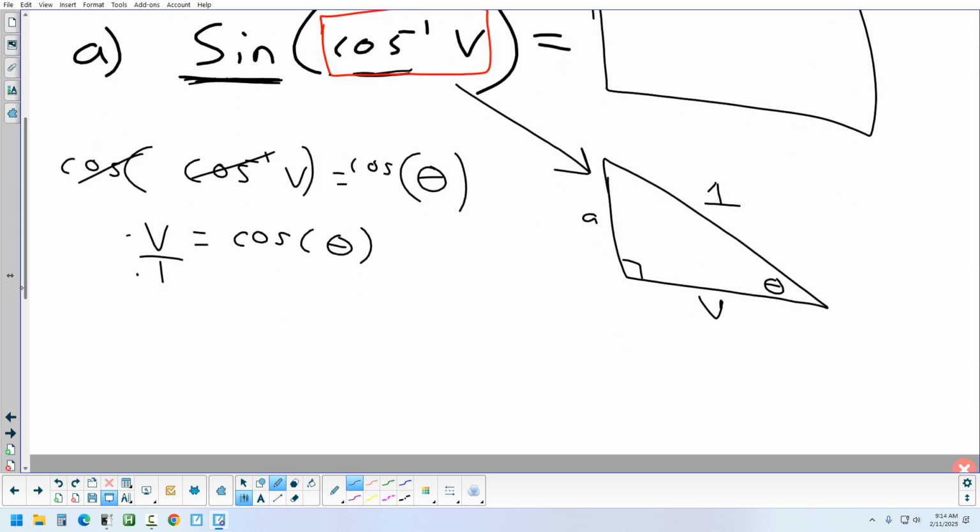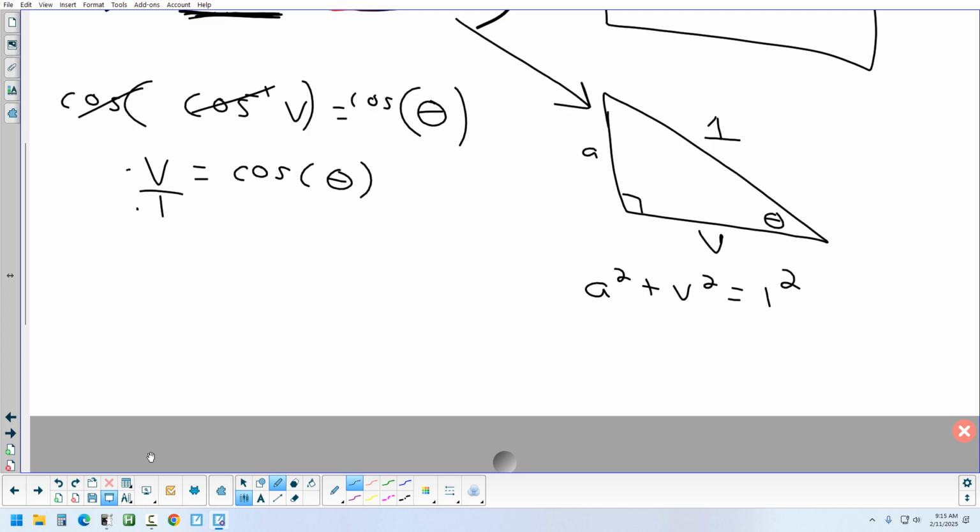Can anybody set up my Pythagorean theorem for me with those 3 labels? A squared plus b squared equals 1 squared. Okay, so a squared plus v squared equals 1 squared.